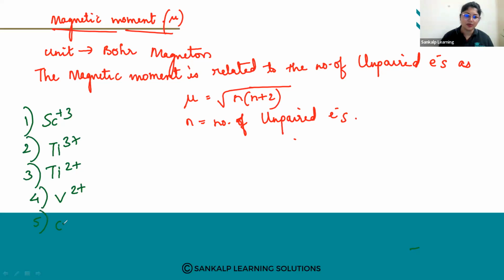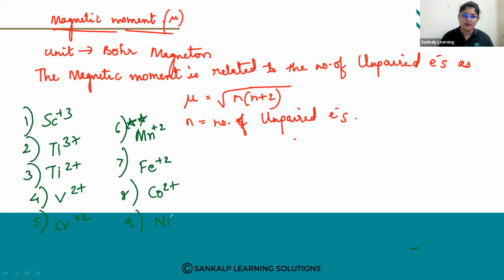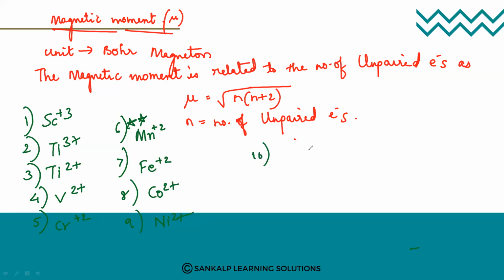Fifth is chromium +2. Sixth is Mn +2. Mn is very important. Then Fe +2. Eighth is cobalt +2. Ninth is nickel +2. Tenth is copper +2.